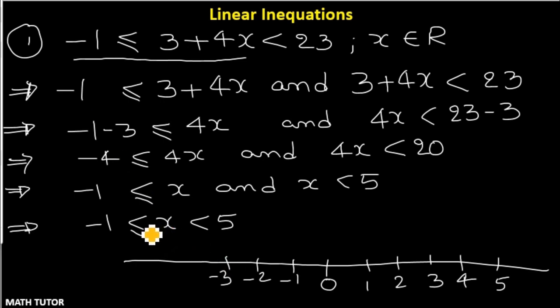Here, x is greater than or equal to minus 1, right? It can be equal to minus 1. So I'm starting from this point. Okay. I'm starting from here, and x is less than 5. So x can't be equal to 5. I can go till 4 and a little bit till 5, but not equal to 5.